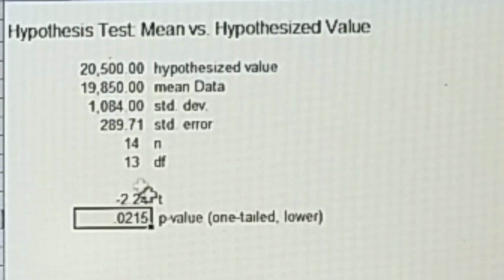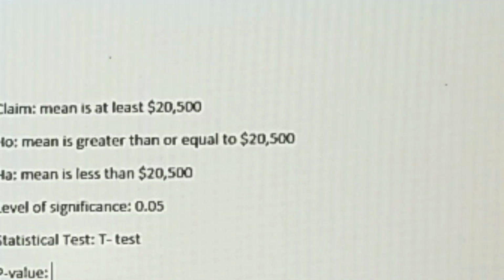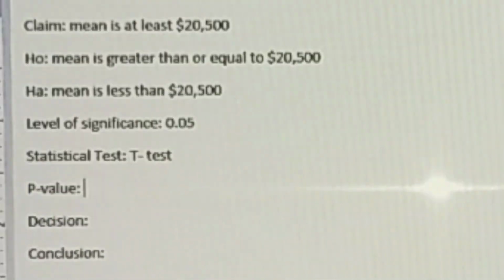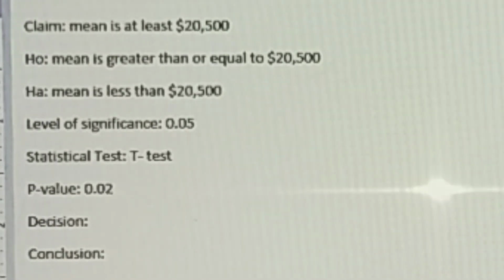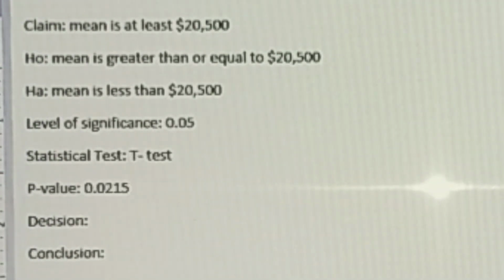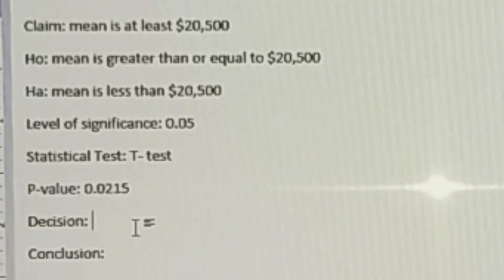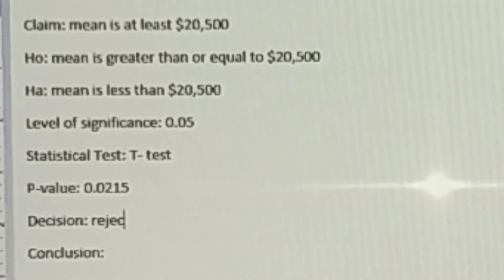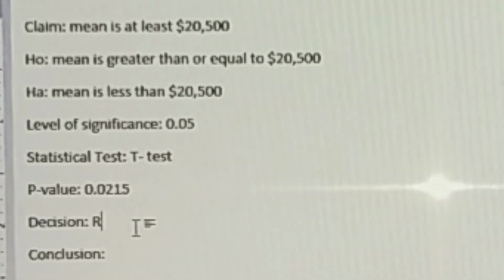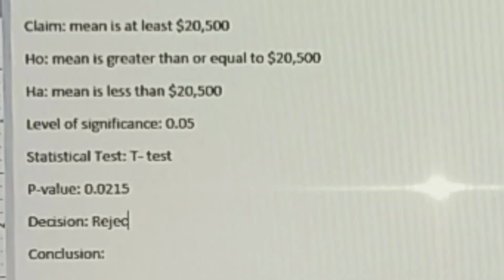Notice that there is a color in the p-value. Let us first write the p-value here. That is 0.0215. So for the decision, since it has a color, we reject H0.